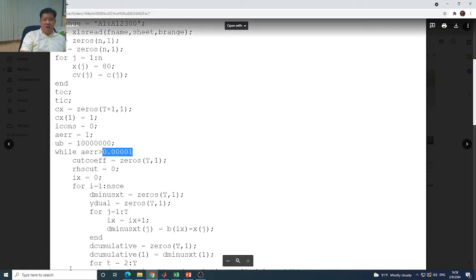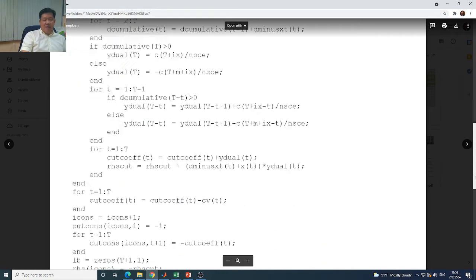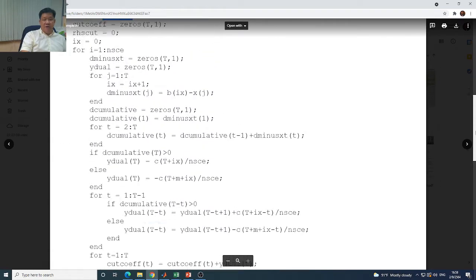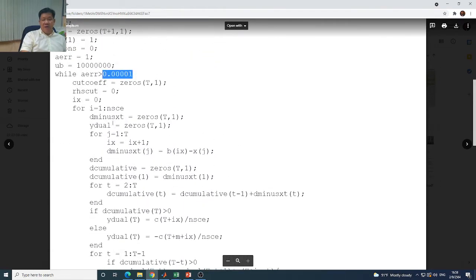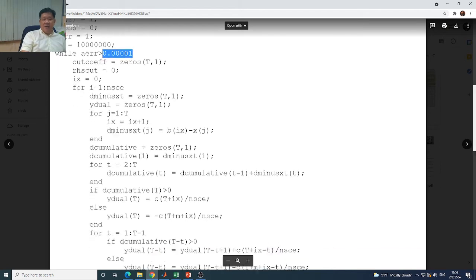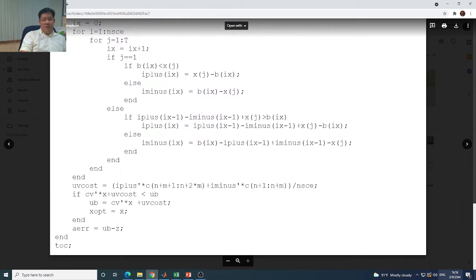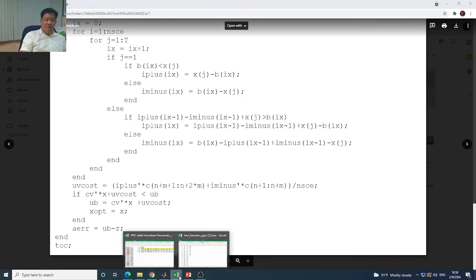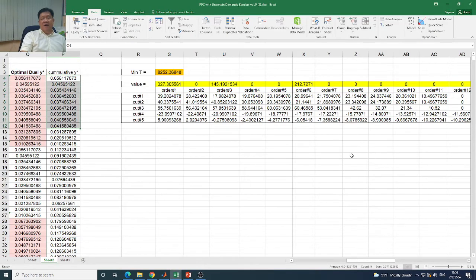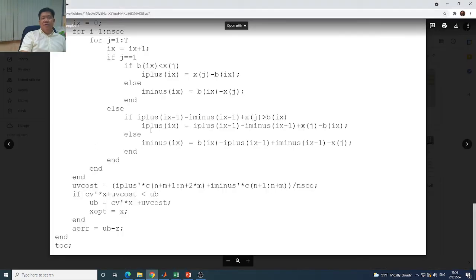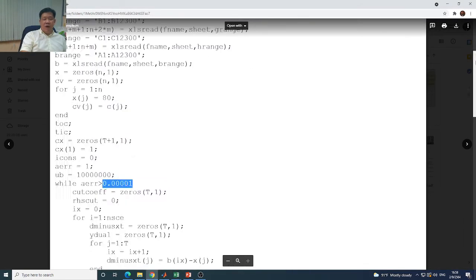We repeat the process again, but now you get the new X. So we start computing d minus xt again, and we get the new y. All of this just simulates what we did here and puts it on the platform of Matlab. That's how this program works.